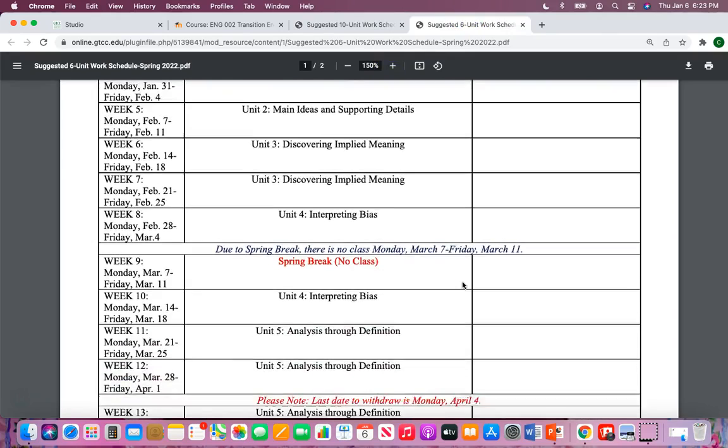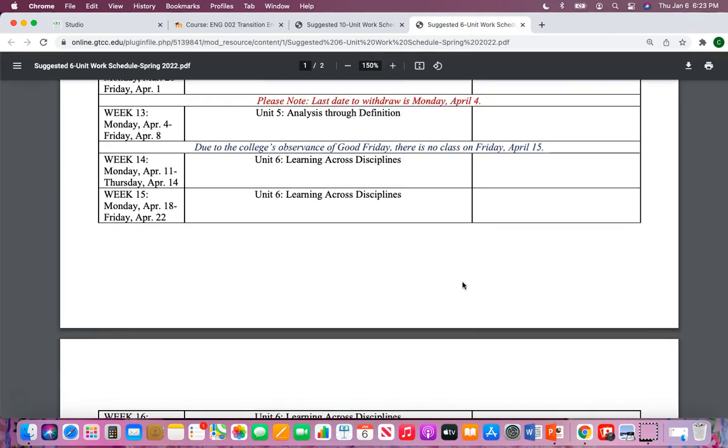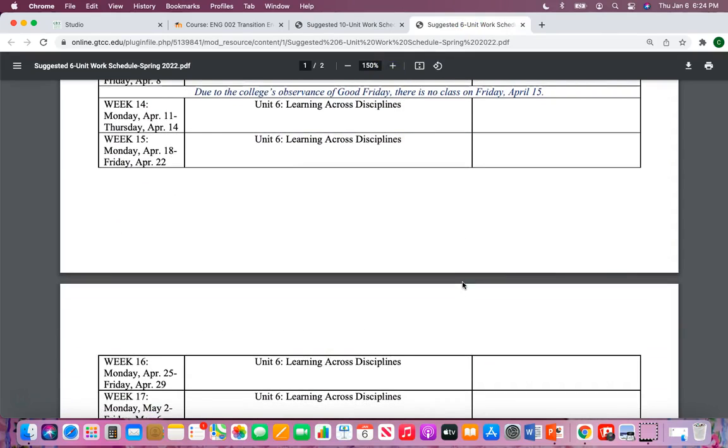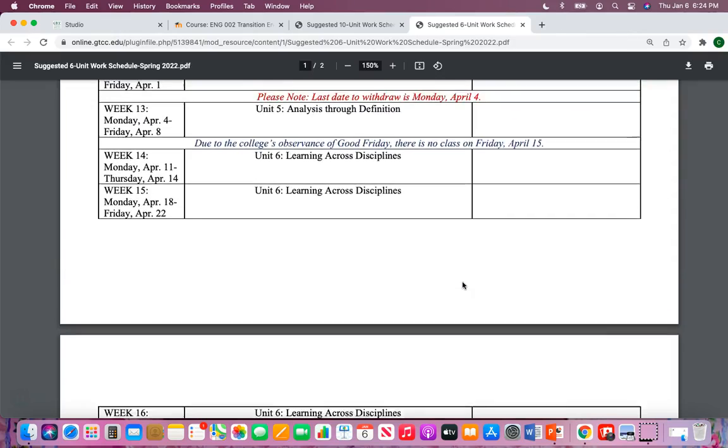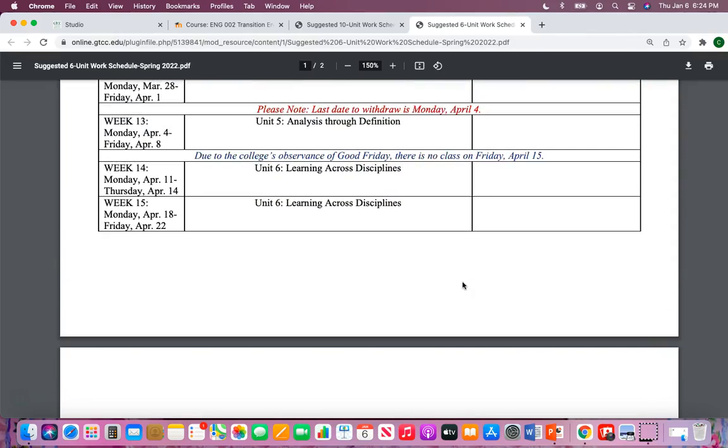So this schedule is really just based on a little bit of math, like how many units there are versus how many weeks are in the semester, as well as how difficult each unit is. So Unit 6 is the most difficult unit.